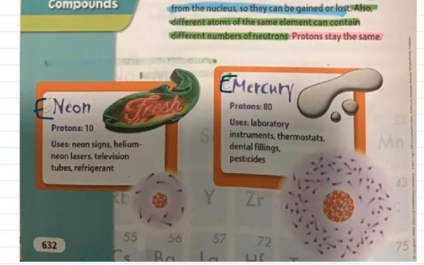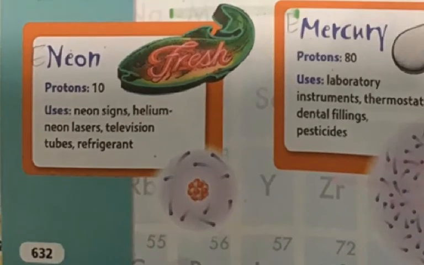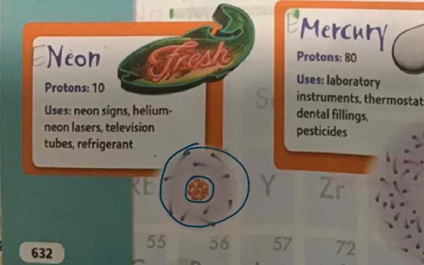Now, I'm going to erase my E's really quick because I know you can still see them. I'm going to zoom in on this atom for neon. Okie dokie. If we look at the atom right here, here's the atom, here's the nucleus. Inside of that nucleus, we know that there's only 10 protons. Could there be more neutrons? Possibly. But let's count the electrons on the outside.